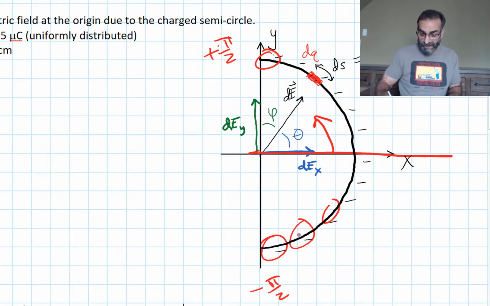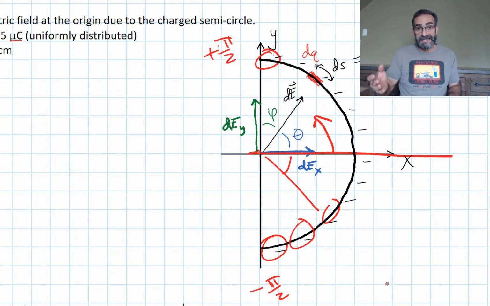As these charges vary along the line, the angle between the x-axis and the line that connects that charge to the origin changes from negative pi over 2 to positive pi over 2 if we're calling the x-axis 0, which we are in this case.